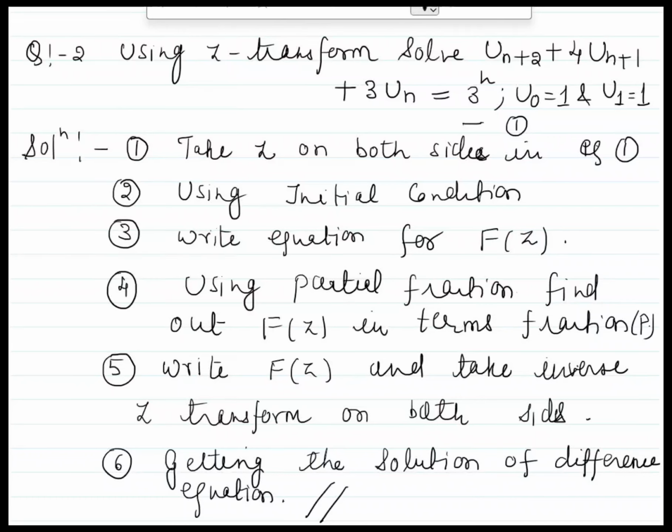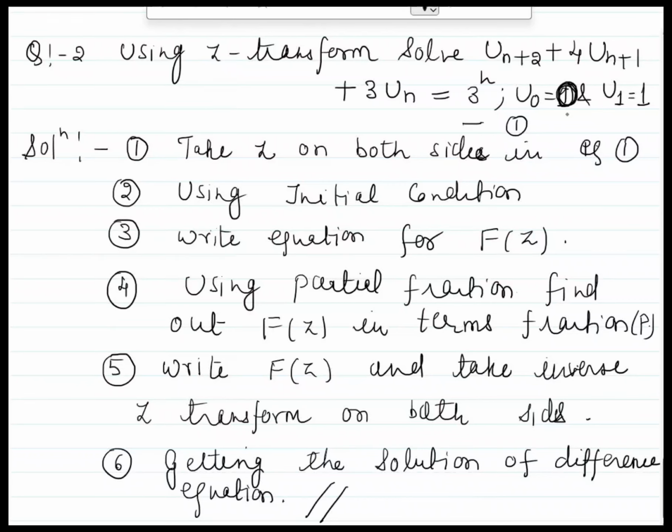Okay. So this is the question: un+2 plus 4 times un+1 plus 3 un, with the initial condition. I am repeating the initial condition. For u0, you can put 0, because from 0 you can get the answer fast.